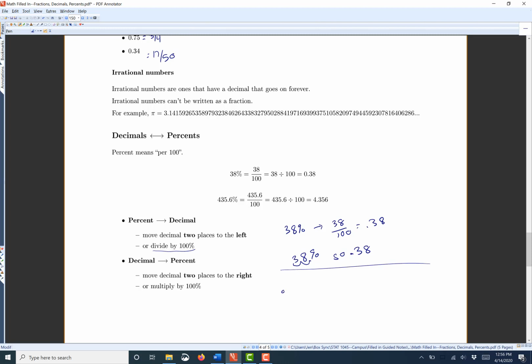So if I had like 0.56 and I want to make it a percent, I would times it by 100% in my calculator, and I get 56%. Or I could just move the decimal. I could go 1, 2 places. So I get 56 because the decimal's right here now, which means we don't really need it anymore.